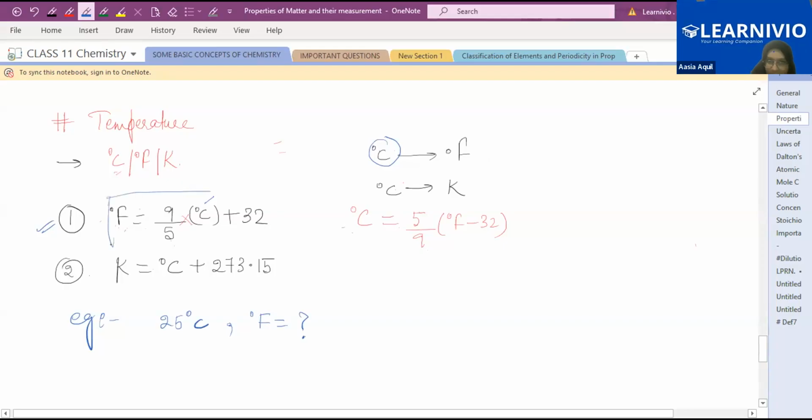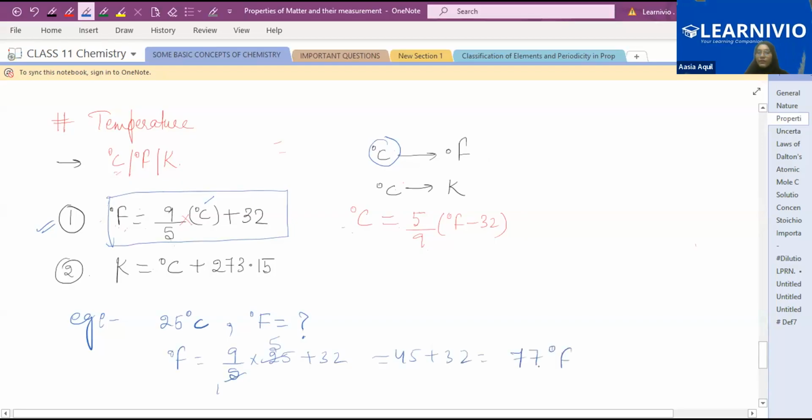Just remember this formula. So 9 upon 5 into 25 plus 32. 5 5s are 25, 9 5s are 45, plus 32. So it will be 77 degree Fahrenheit.